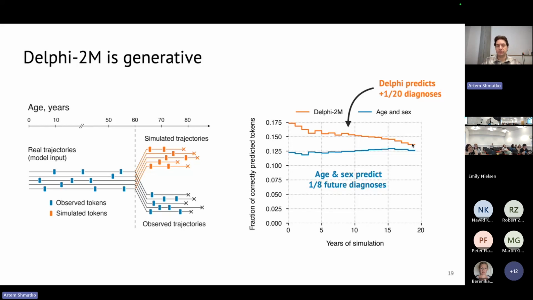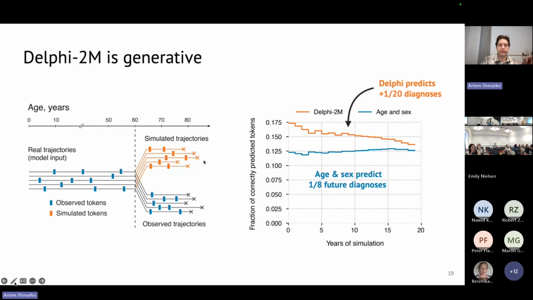To check whether Delphi performs well in this regard, on the left there is a schematic of this experiment. We took some of the patient trajectories from our validation UKB dataset, and then we removed all tokens that were after age 60. These before-60 trajectories we used as inputs for Delphi so that it can predict whatever happens next.